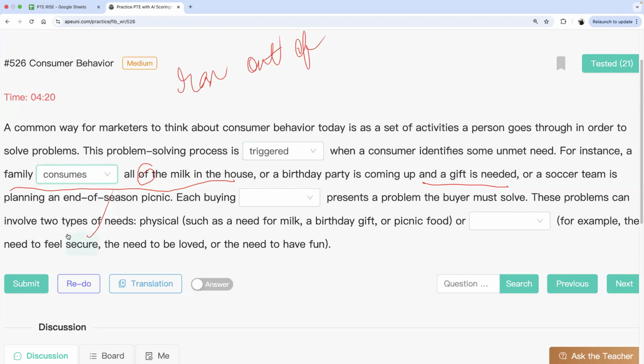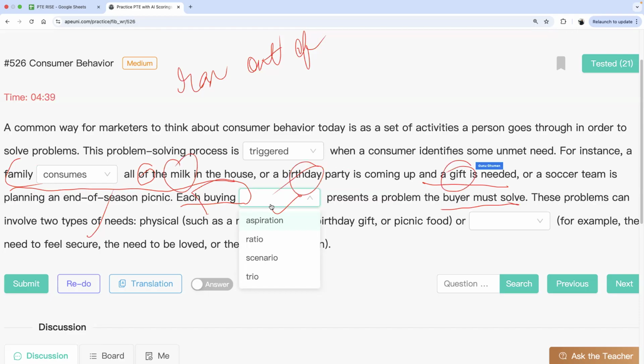Each buying dash presents a problem the buyer must solve. Each buying dash. We are buying something. Let's see. Each buying. Okay. So what are these? Family needs milk. Birthday party needs gift. Soccer team needs season passes. What are all these scenarios?